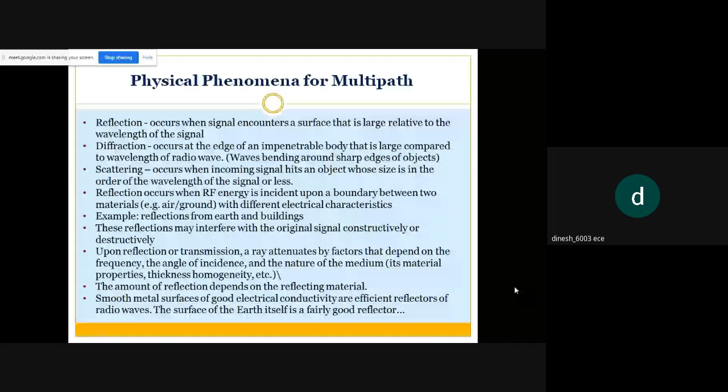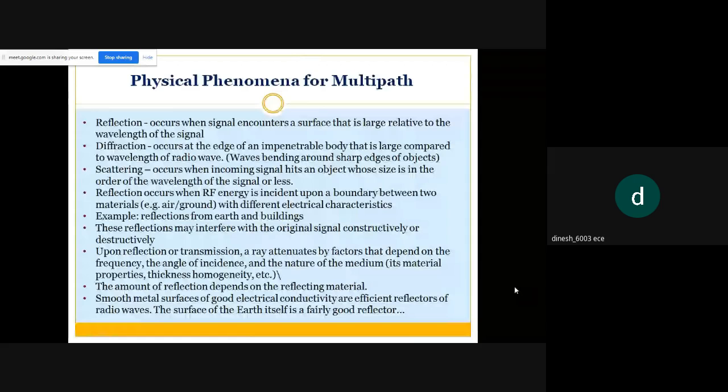The physical phenomena of multipath. The physical phenomena for the multipath is what we are seeing: reflection, diffraction, scattering. So reflection is when a signal encounters a surface that is large relative to the wavelength.